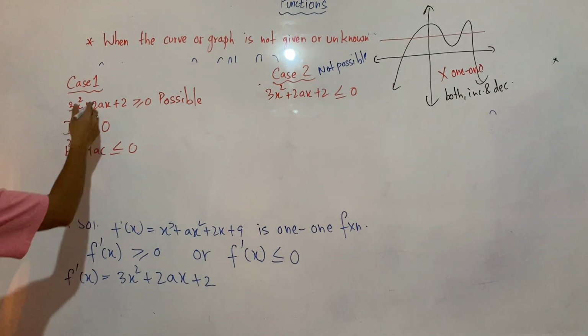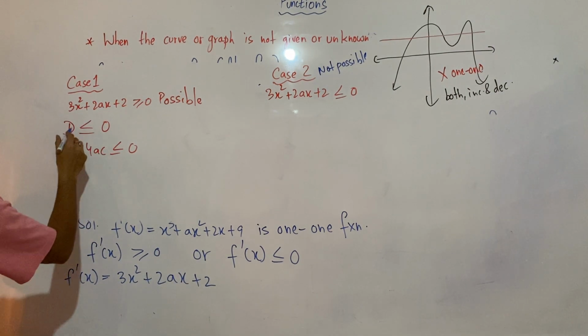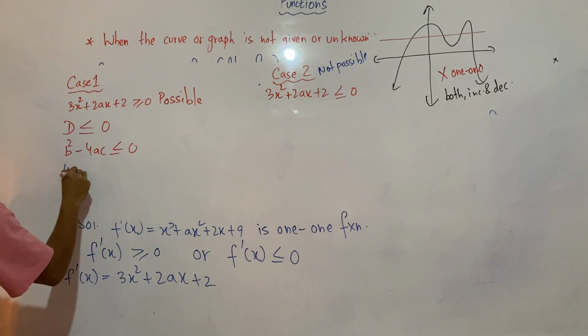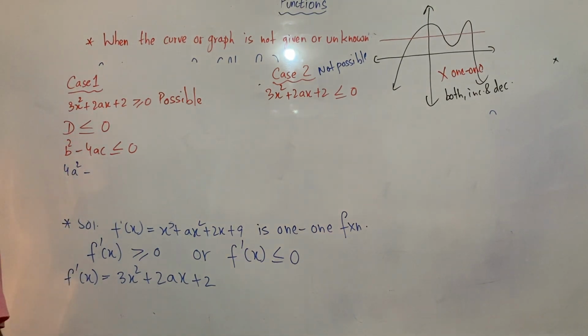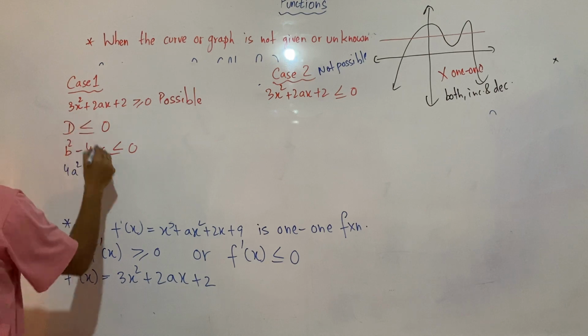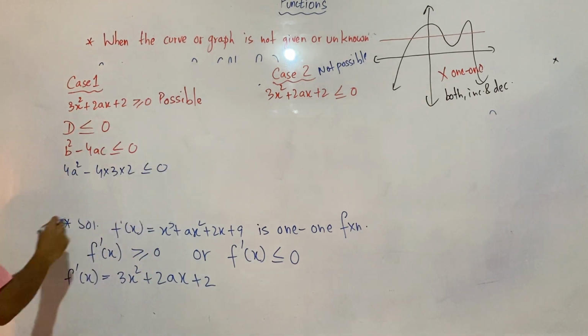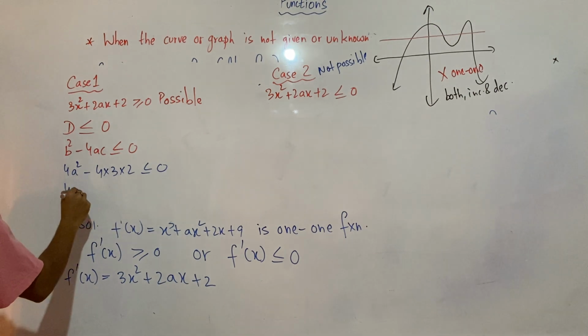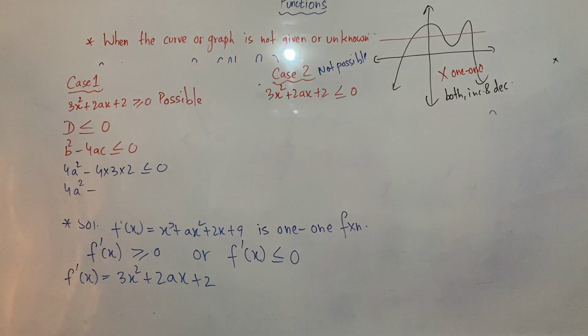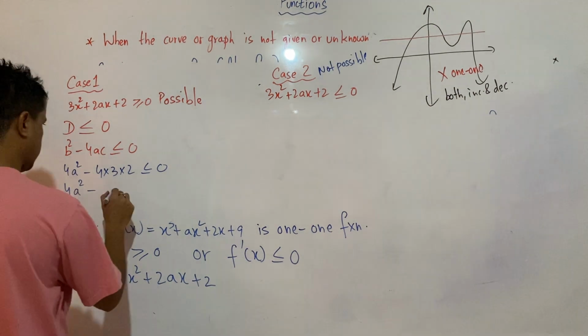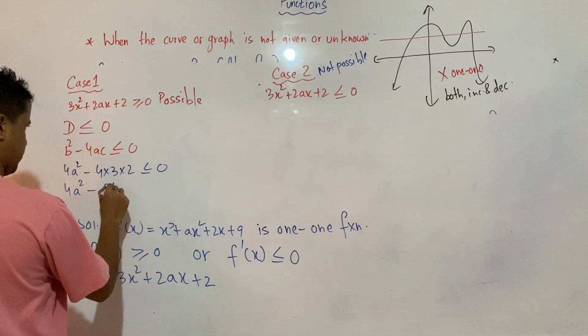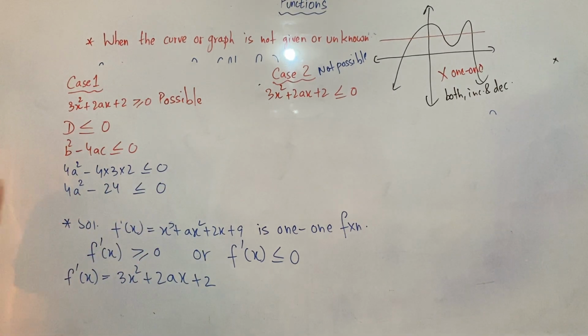Now, what's b here? It's going to be 4a square minus 4 times a, which is 3, and c, which is 2, less than or equal to 0. So from here, 4a square minus 24 less than or equal to 0.